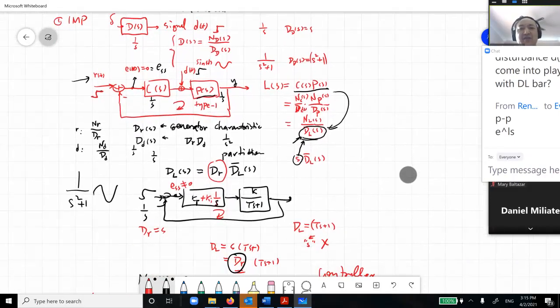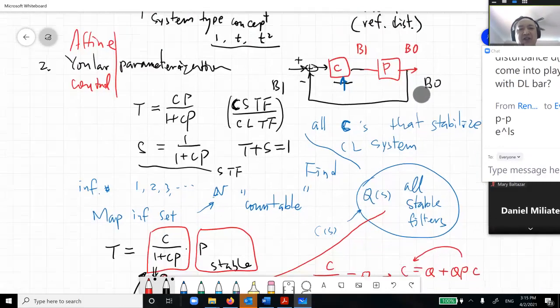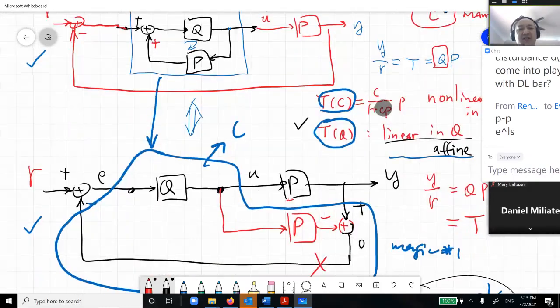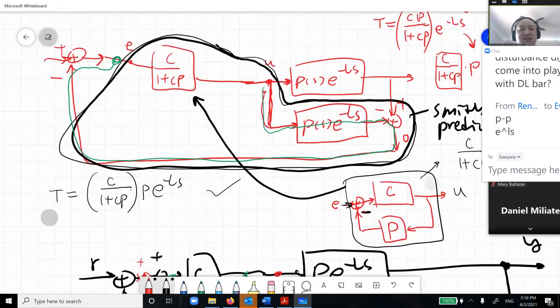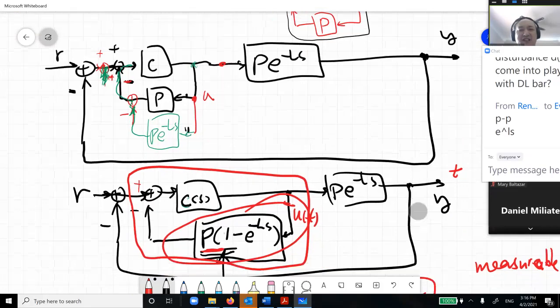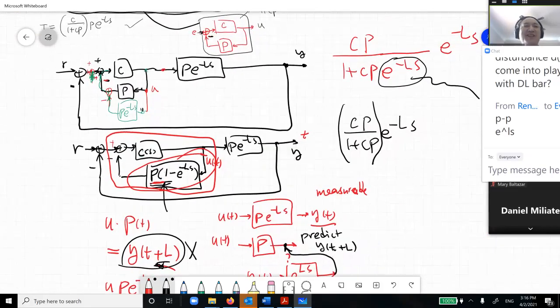And in the Smith predictor, I also pinpointed why Smith predictor can have a second magic, about removing this term from my denominator, because of this Smith predictor mechanism I produced there.